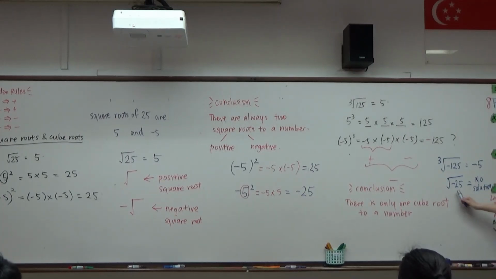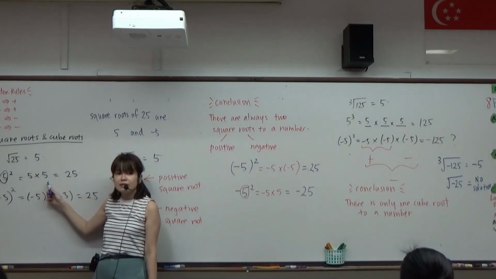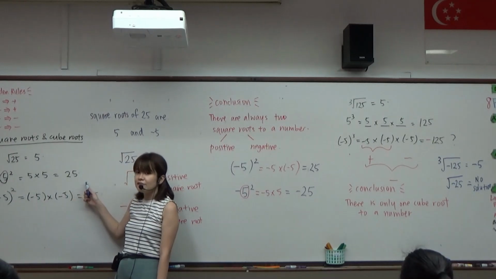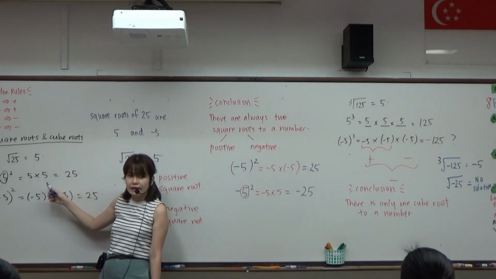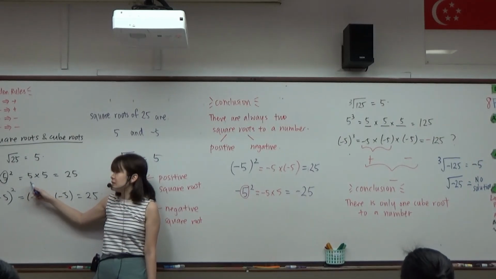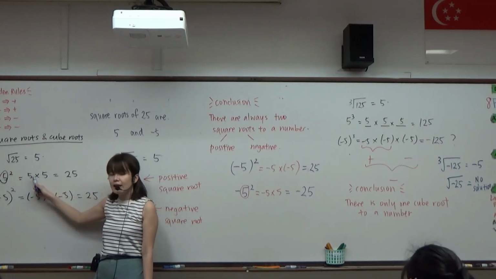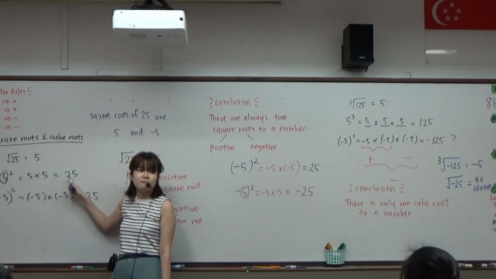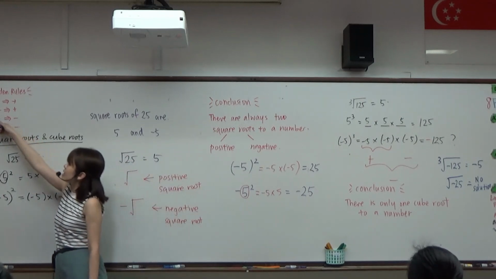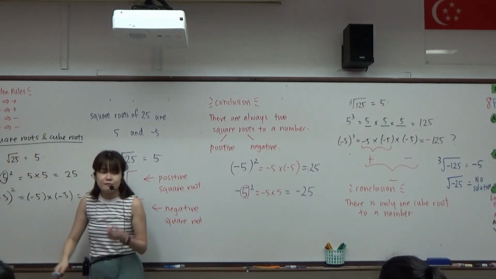Because square root means that I'm trying to find something times something that will give me negative 25. But I know that I can never have two of the same number, that means positive and positive, to give me negative. Neither can I have negative and negative to give me negative, because negative, negative give positive, positive, positive give positive.